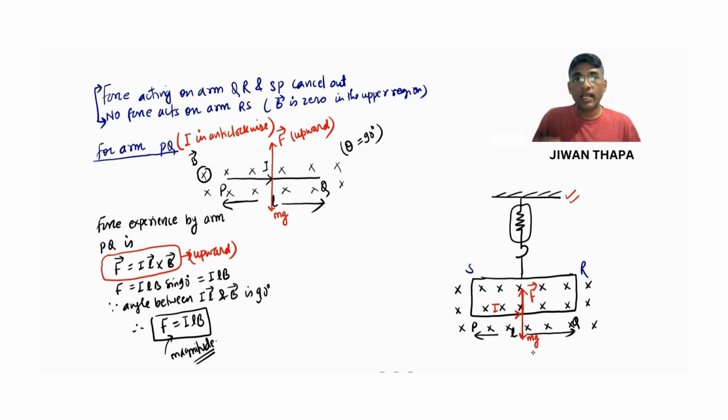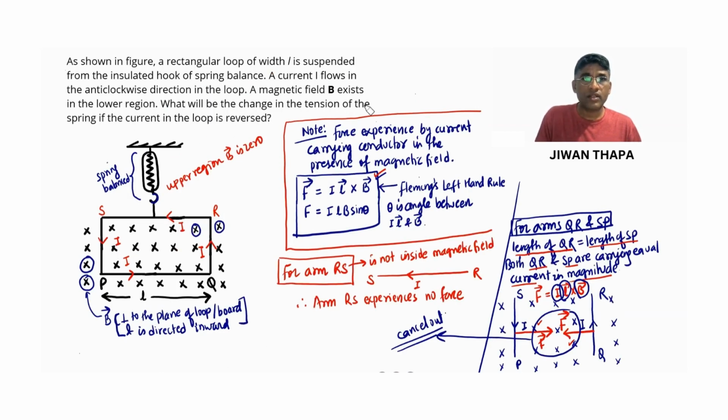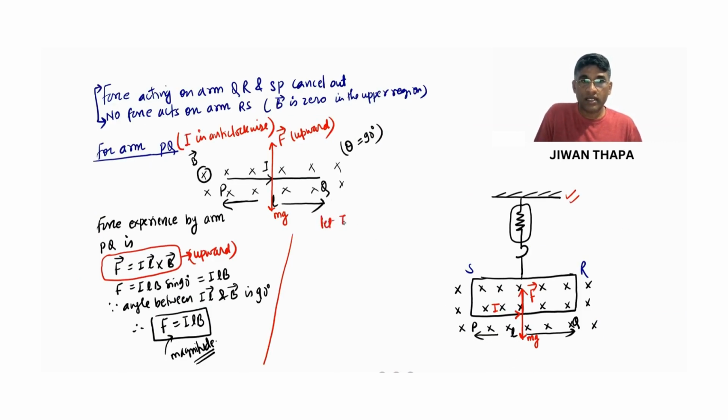Okay, we have this. And let us take tension T1 in this case. So I'm writing over here because we need to find the change in tension of the spring if the current in the loop is reversed. So let T1 be the tension in the spring when current in the loop is anti-clockwise.